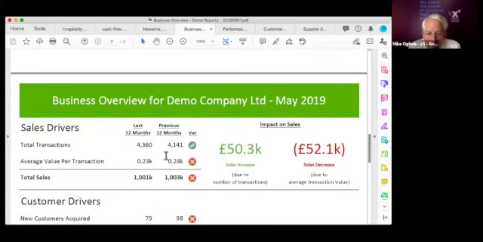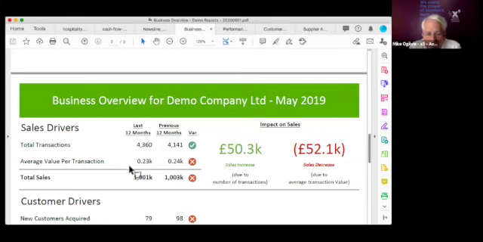So in the previous 12 months, the number of transactions were 4,141. In the last 12 months, it's gone up to 4,360. So that's a tick, a positive variance. There's a 50,000 increase due to the number of transactions.